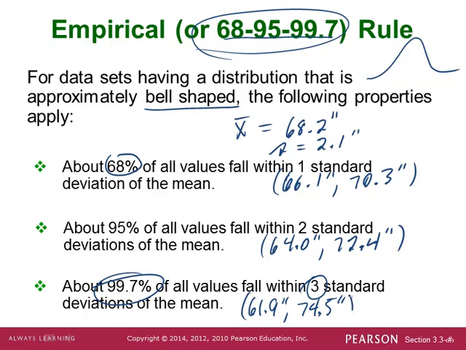So there we've got the mean plus or minus 3 standard deviations. So we would expect 99.7% of all the guys in our sample to have heights between 61.9 and 74.5 inches. Okay, so that's an application of the 68, 95, 99.7% rule.